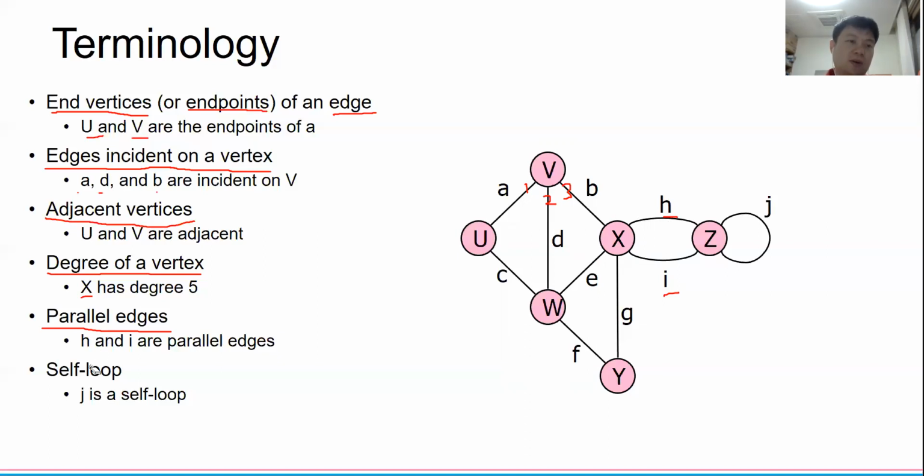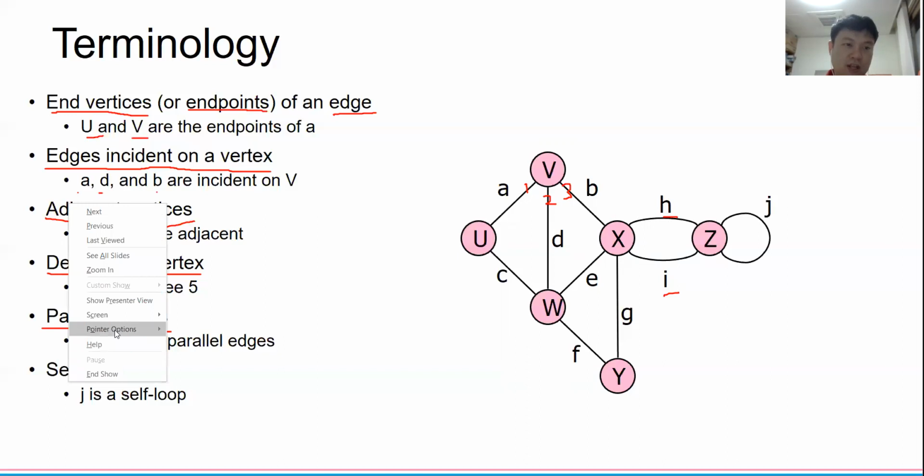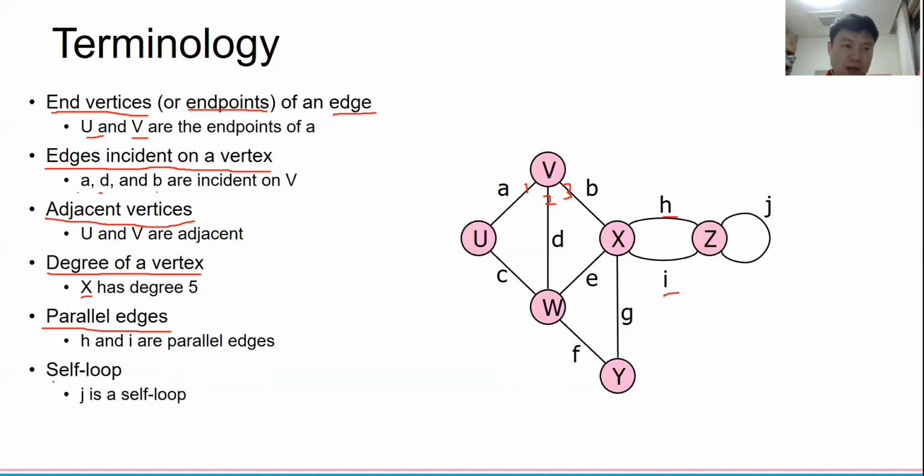Sorry. Then we also have the self loop, which is another kind of terminology in graphs. So j is the self loop: the node has an edge which is connected to itself. Those definitions and terminology you should remember.